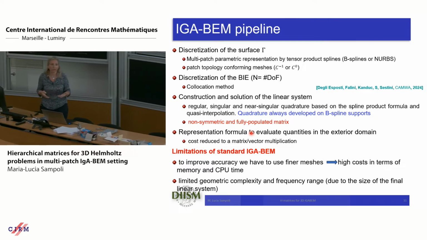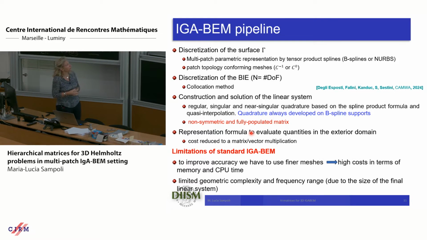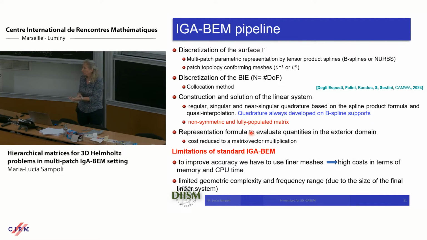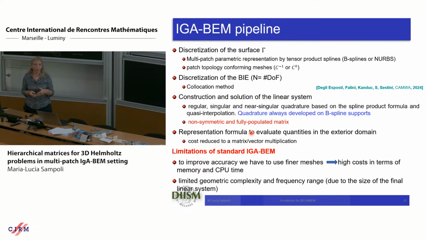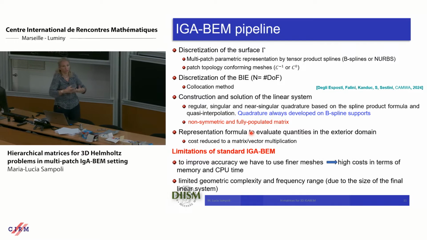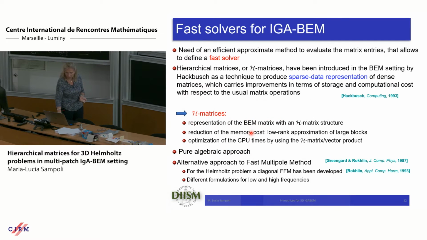So we have these dense matrices, and if we want to improve accuracy, we have to use finer meshes, and this means that the dimension of the matrices increases. Of course, if the matrices are dense, they are expensive, both for the computational cost and for handling and solution.